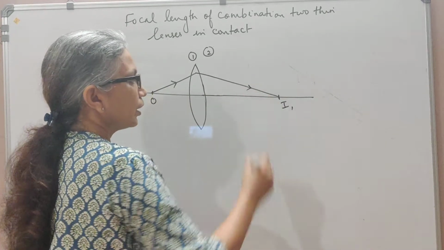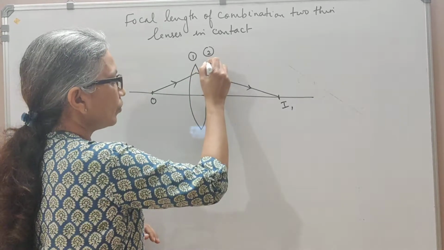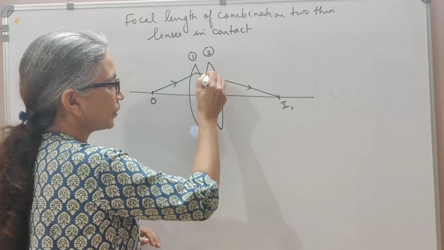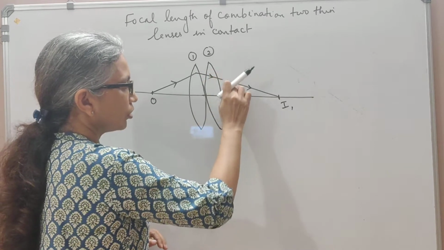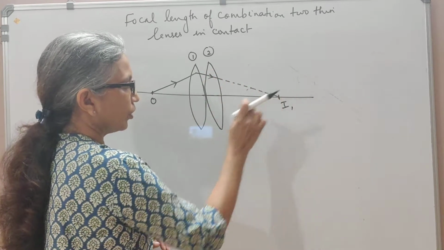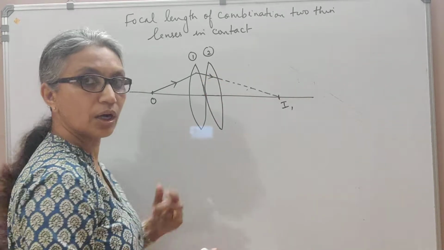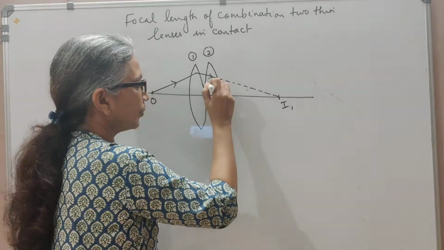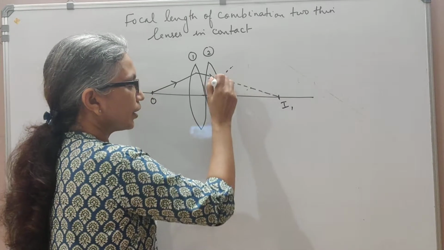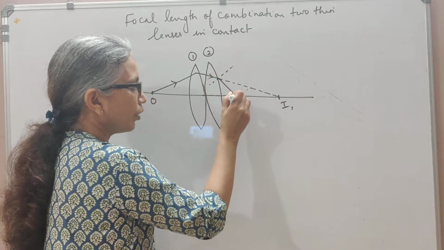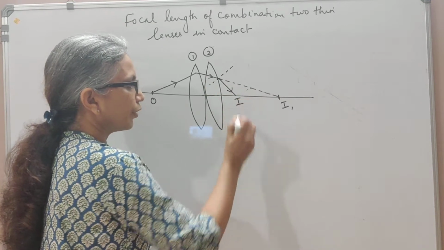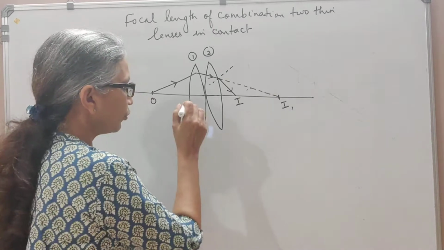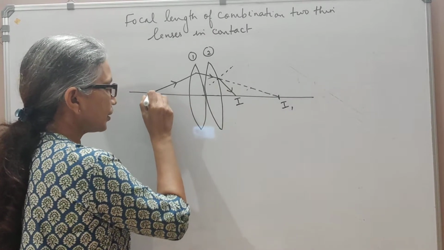Okay, fine. Now if you keep one more lens here in contact, then this ray cannot go on to form the image here, because this ray will now have to undergo one more bending, because it is passing from a denser to a rarer medium, and because your normal is like this, the ray will bend away from the normal and get the final image at I. Now what is to be understood is, for the first lens, its object is here.